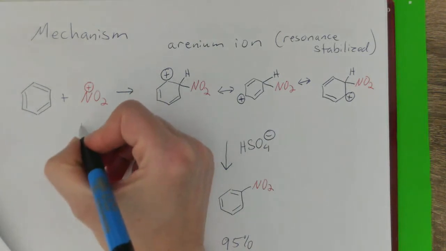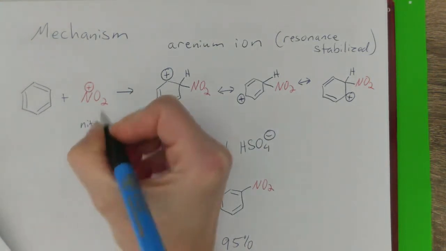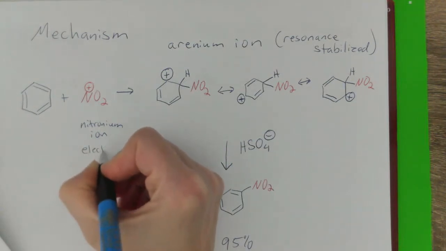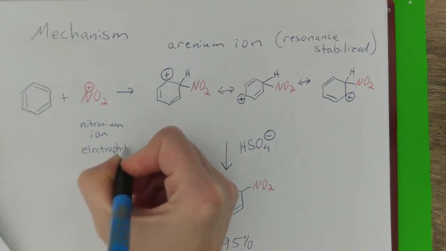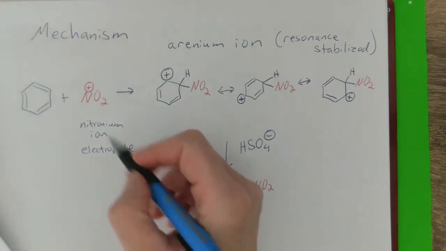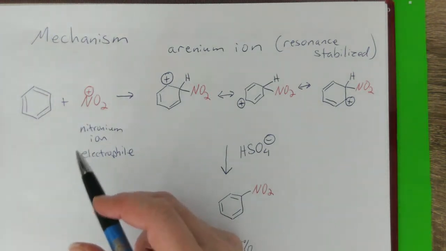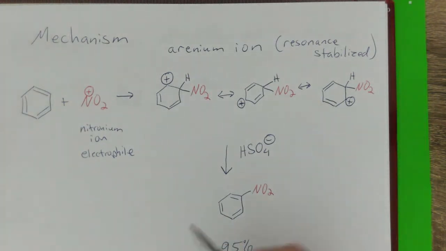So remember, this is our nitronium ion that's going to serve as the electrophile. And we're going to be substituting a hydrogen on the ring for the nitro group. So in the first step of this mechanism, what do we have taking place?